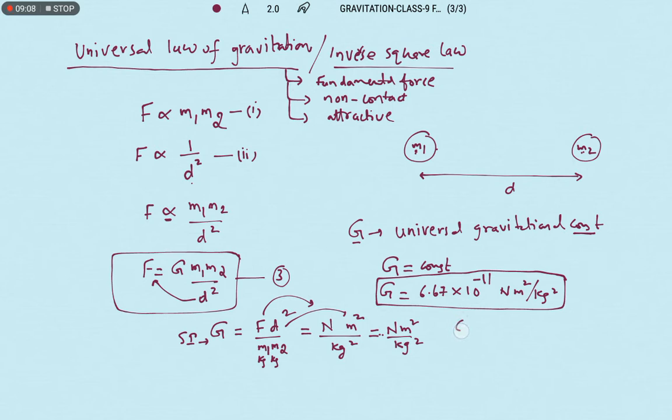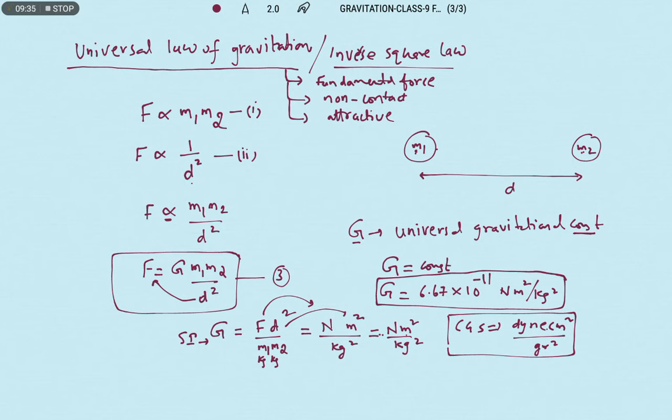Sir, what about the CGS unit? The CGS unit of force is dyne, and the CGS unit of distance is centimeter square by gram square. So this is the CGS unit of the gravitational constant.